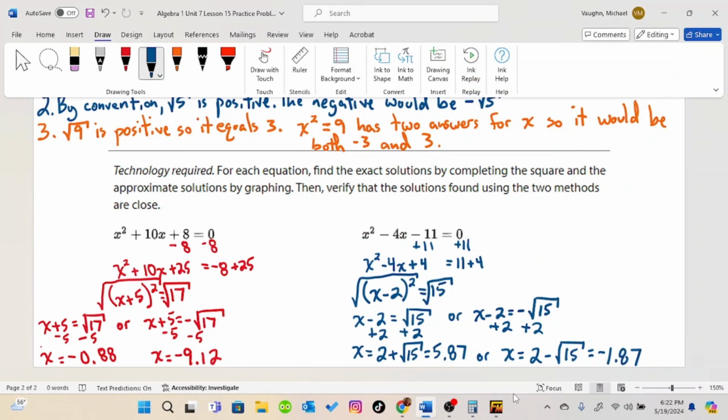So now that we have the exact solutions by completing the square, we want to get the approximate solutions with graphing.